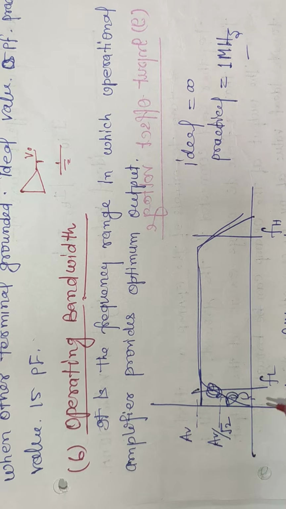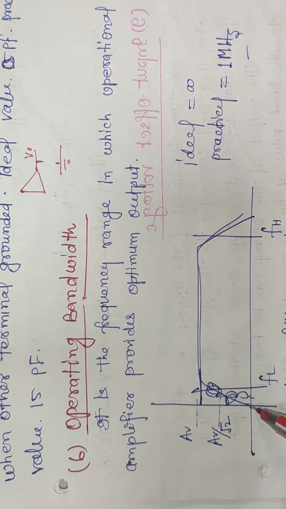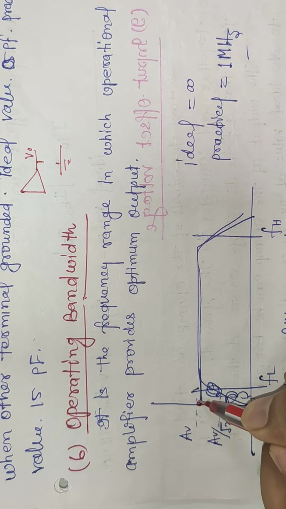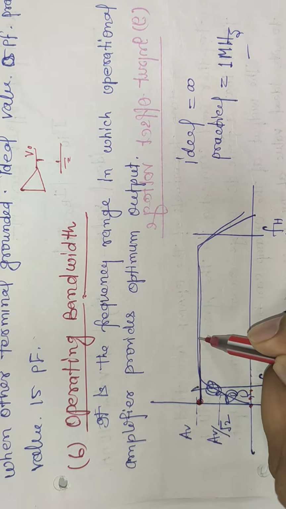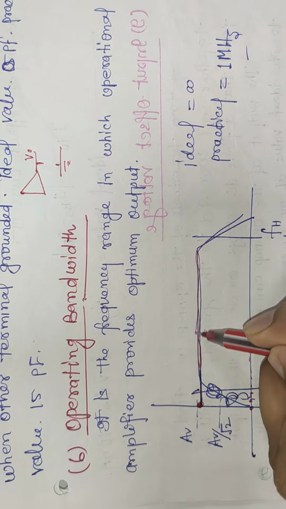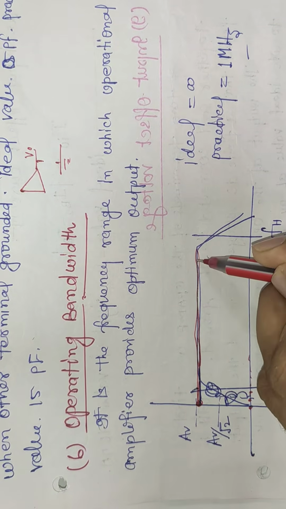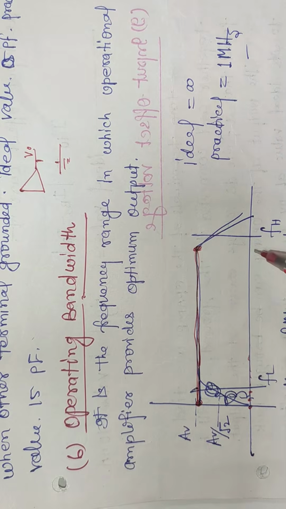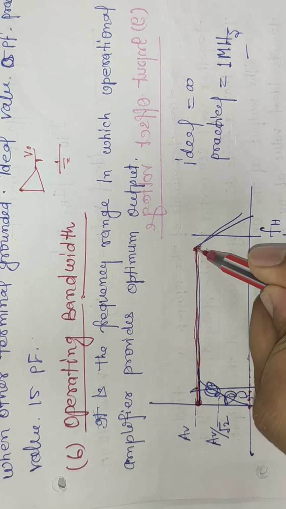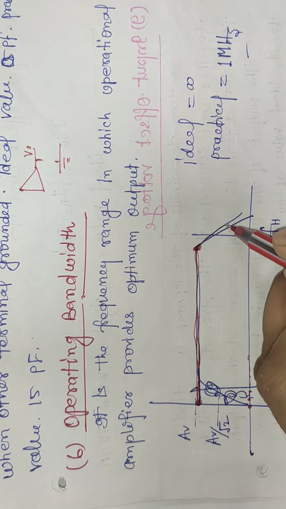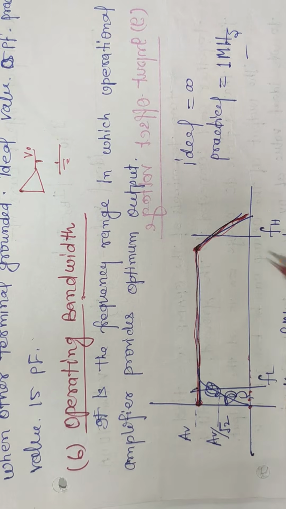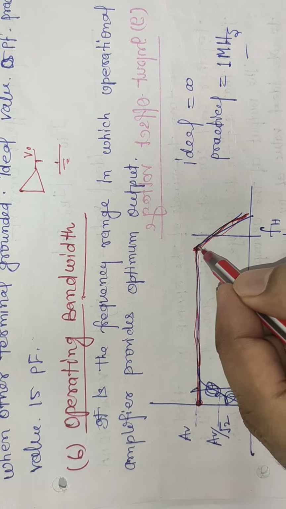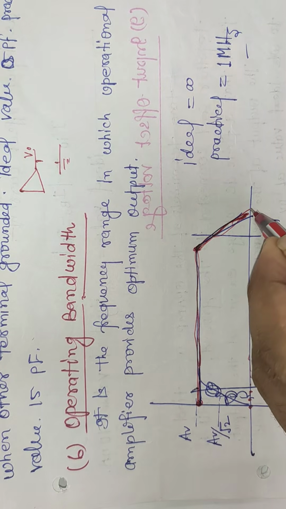So this means at zero frequency also operational amplifier provides output, and when you go up increasing the frequency, then operational amplifier will provide certain gain, and at certain very high frequency, the output is attenuated because of the high frequency capacitance effect or output capacitance effect. This gain starts reducing at high frequencies.